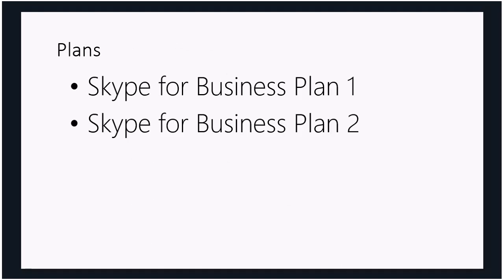Now, what plans are out there? There is Plan 1 and Plan 2, so you can buy just Skype for Business Plan 1 or Skype for Business Plan 2, and then you can start implementing that.